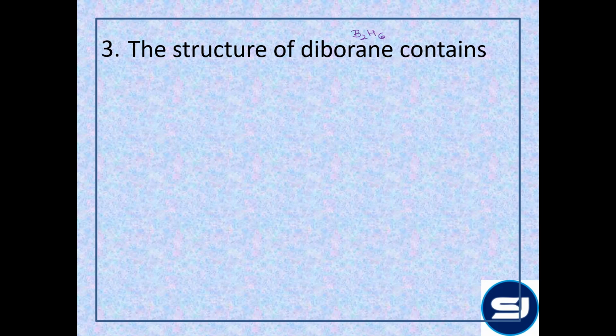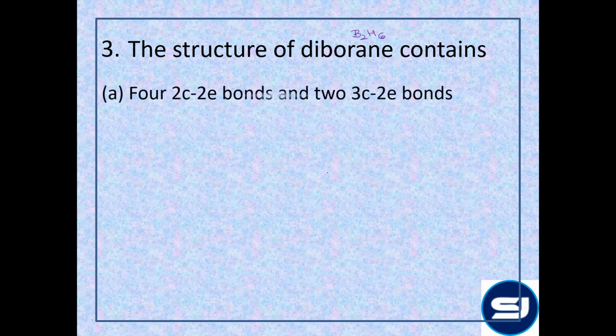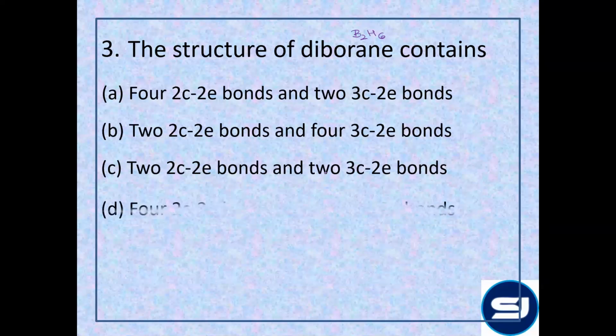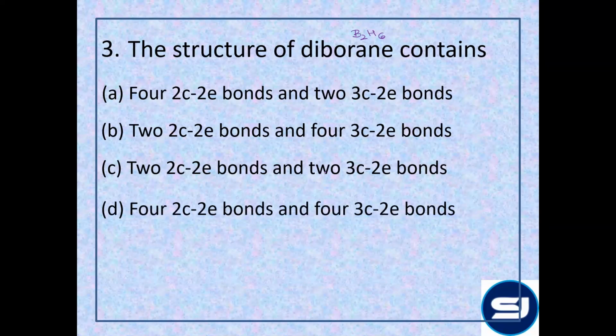So the structure of diborane contains 4 two center two electron bonds and 2 three center two electron bonds.